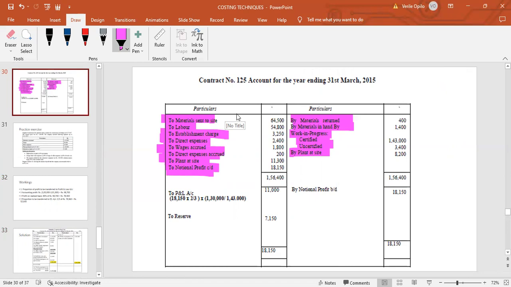That is why we haven't computed it. But if you were told the additional cost to complete this project, then we would be able to compute the estimated profit. So yes, you can be asked to compute the estimated profit if you are provided with the cost that the business expects to incur to complete the project. But if you've not been given it, then the only thing you will need to compute is the notional profit for that particular financial year.